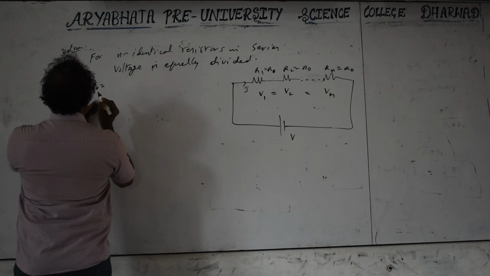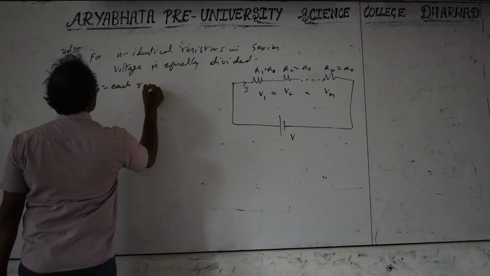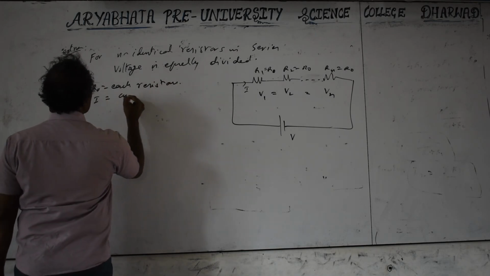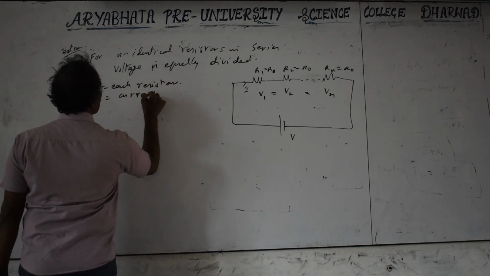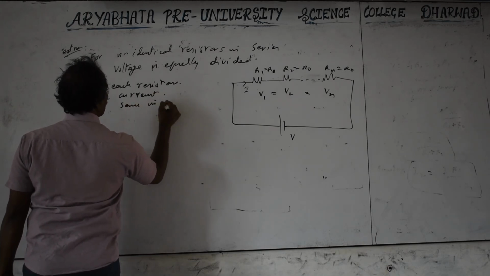R0 is each resistance. I is the current, the same in all.